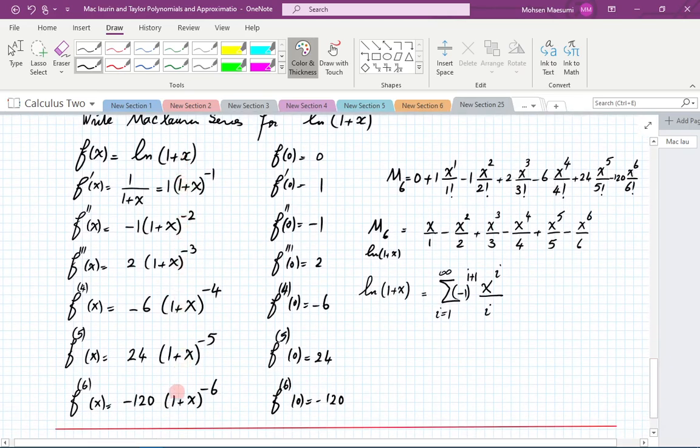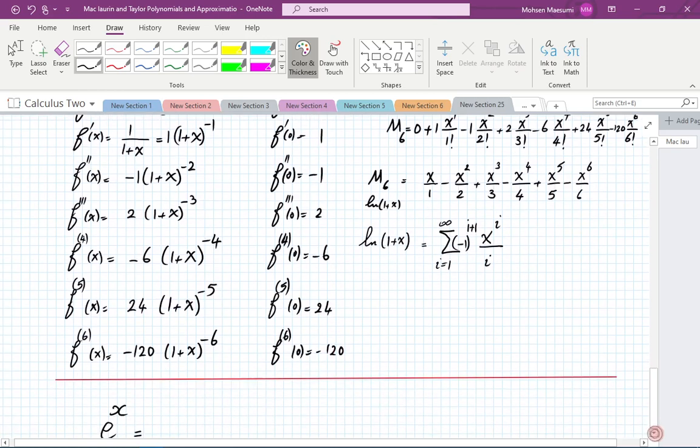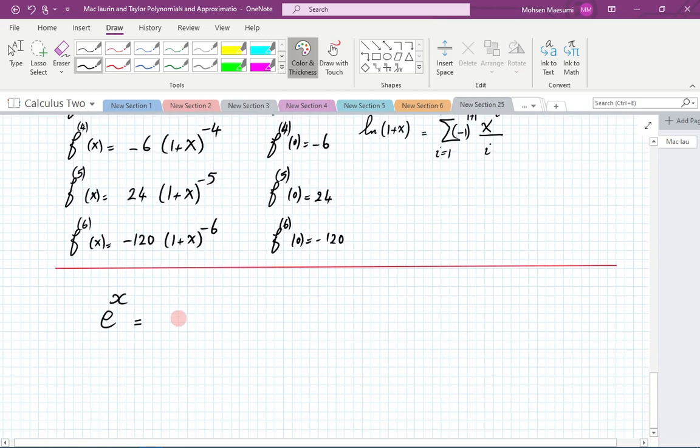All over here, everything is just exponential of x, and all over here, everything is just 1. So we quickly come across the Maclaurin series for this. So 1 plus x over 1 factorial plus x2 over 2 factorial plus x3 over 3 factorial, and so on. You can summarize it like this: x to the power of I over I factorial. I ranges from 0 all the way to infinity.